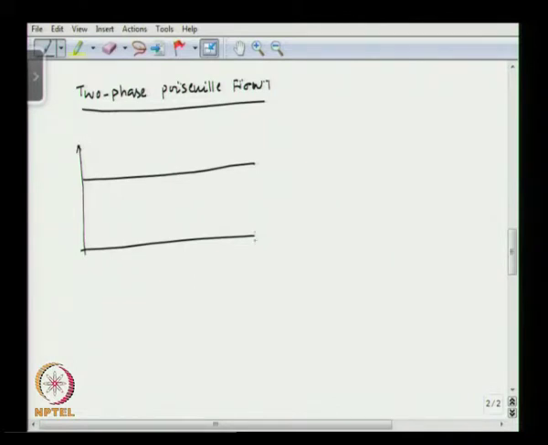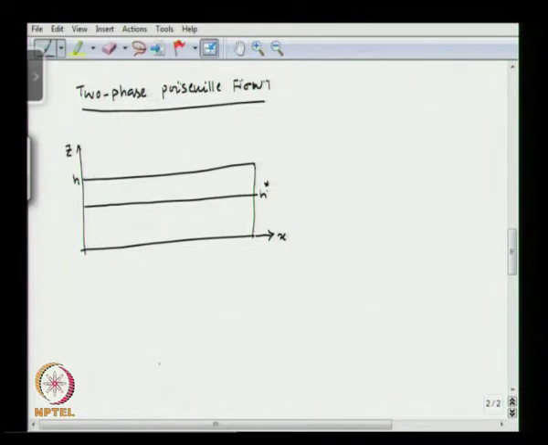Let us say this is x and this is z, this height is h, and let us say this is the interface at h star.